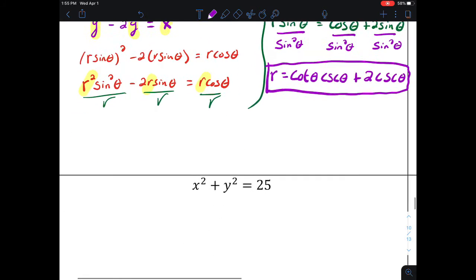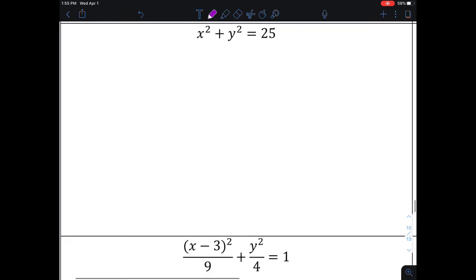All right, now let's look at one where both x's and y's are squared at the same time and how we would approach that. Well, x squared plus y squared, that's an identity in itself. That makes r squared. So I've got r squared is equal to 25. Now, I could go one step farther here and take the square root of both sides, and I could write this as r is equal to 5.